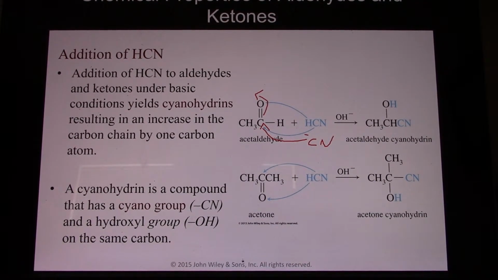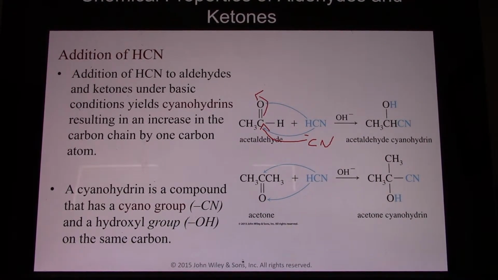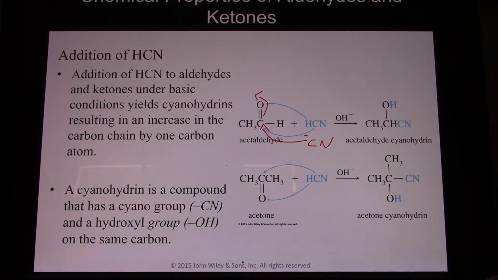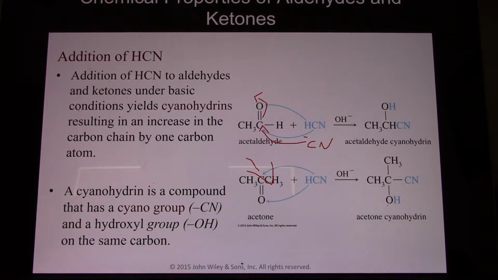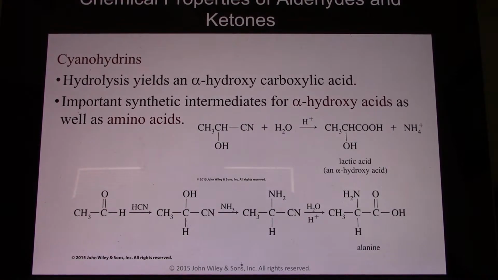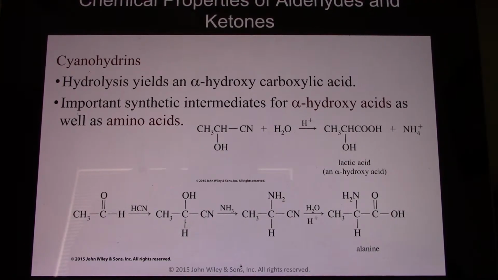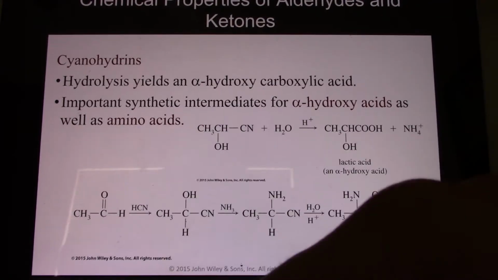If we attack a ketone, the cyanide group attacks here, kicking these electrons up, forming this cyanohydrin. Hydrolysis yields an alpha-hydroxy carboxylic acid.